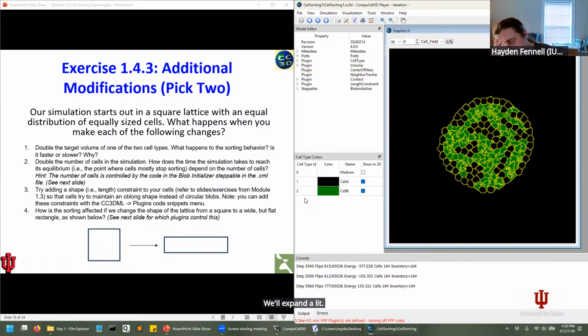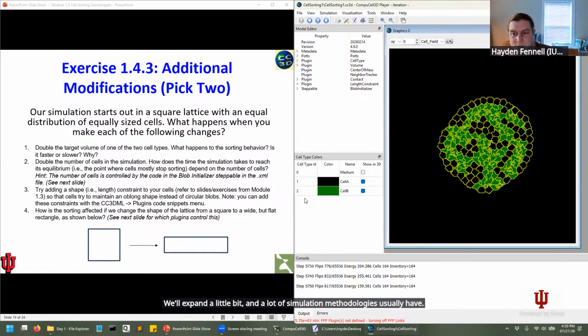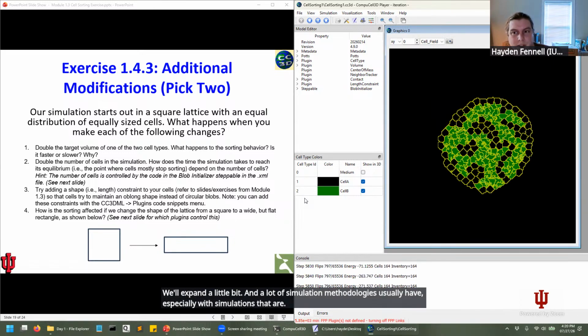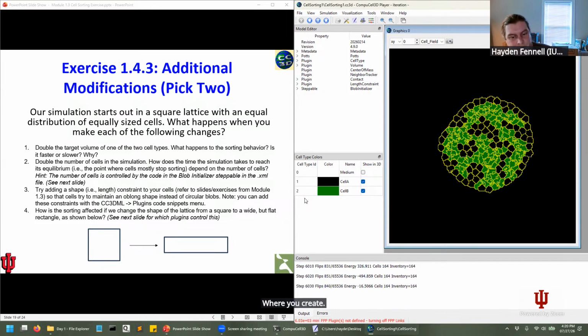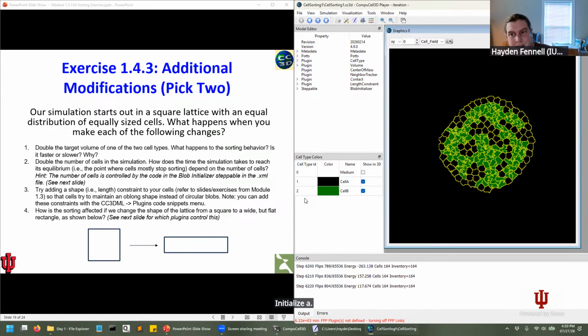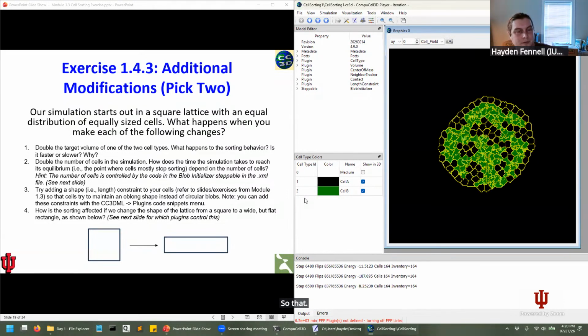In a lot of simulation methodologies, especially stochastic ones, you have what's called a relaxation period, where you create your initial conditions, initialize the simulation, and then let it run for some short amount of time so that your cells reach a more natural state.